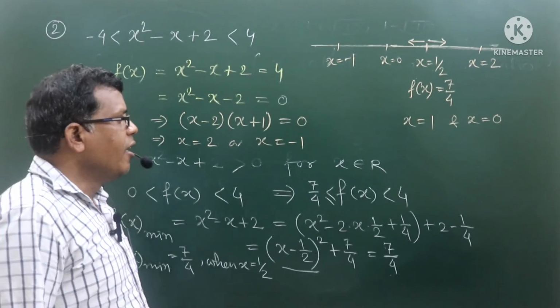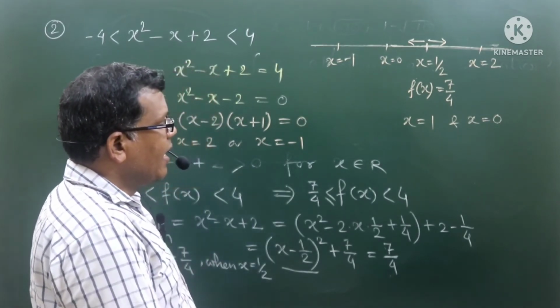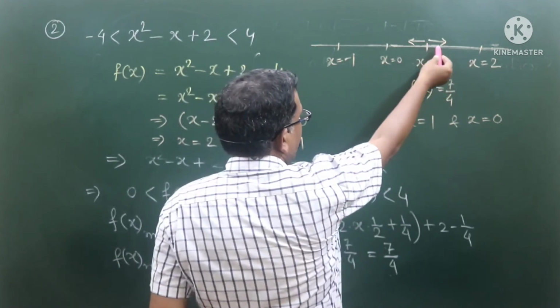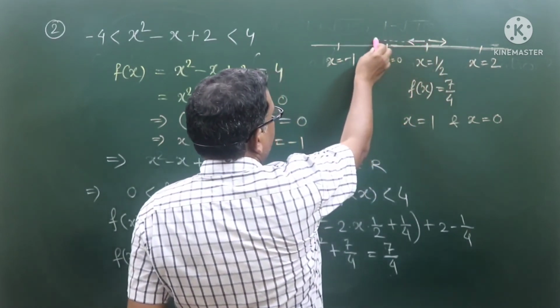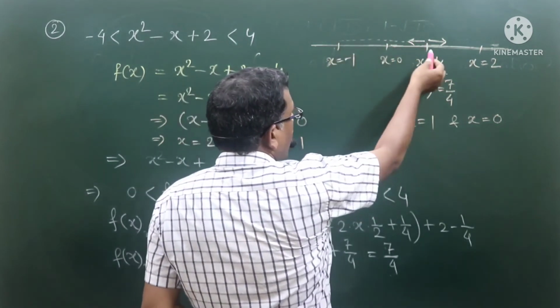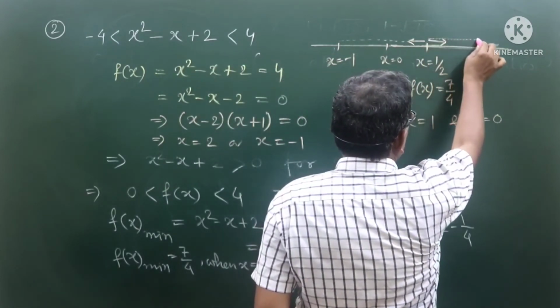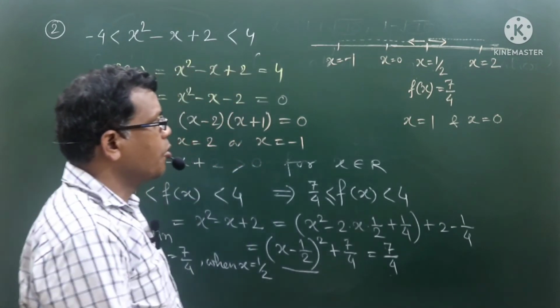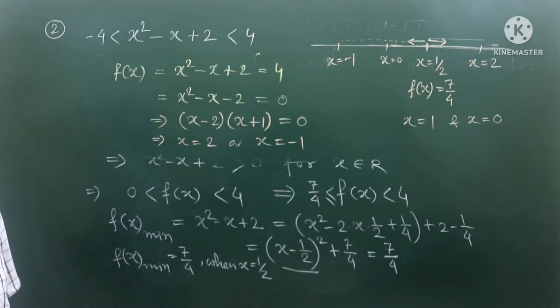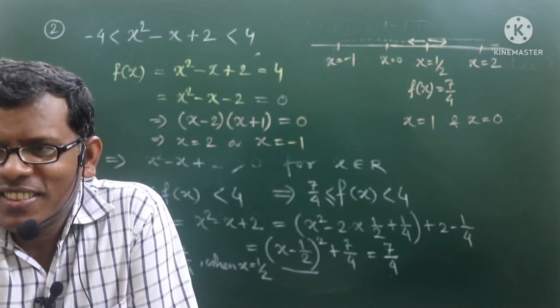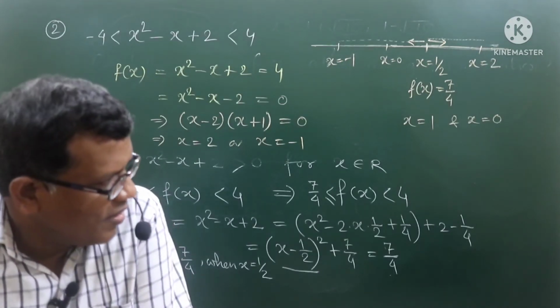We can see that if you start putting values of x to the left side of half up to minus 1, or start putting values of x more than half up to plus 2, the value of the quadratic continuously increases. Are you getting me or not?